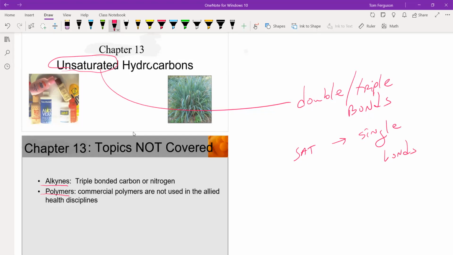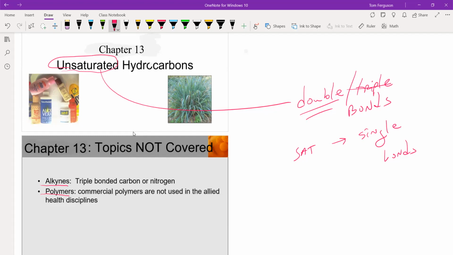And you hear saturated and unsaturated a lot when you talk about fats from a nutritional standpoint. Single bonded fats are typically coming from animals, beef, pork, lamb. You get a lot of not triple bonds, but double bonds from fish and vegetables in terms of the fats.